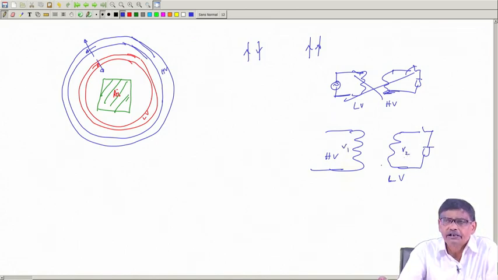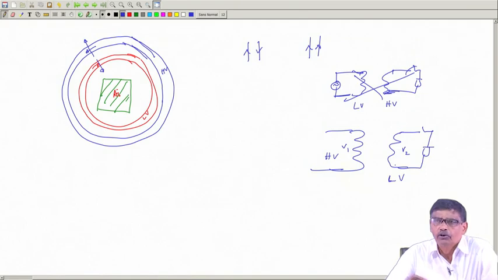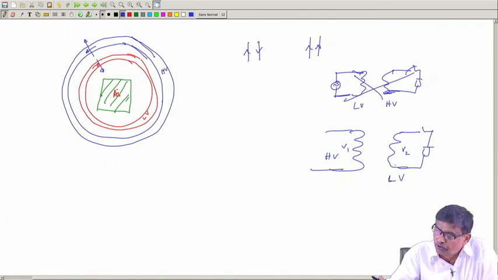Under no load condition, whatever was the voltage, when you load it, voltage will fall. If the load is inductive RL type, and that is usually the case. Only for capacitive load maybe it will increase a bit, but for RL type of load, which is generally the case, the terminal voltage magnitude will fall.